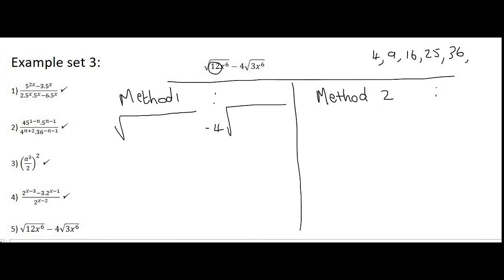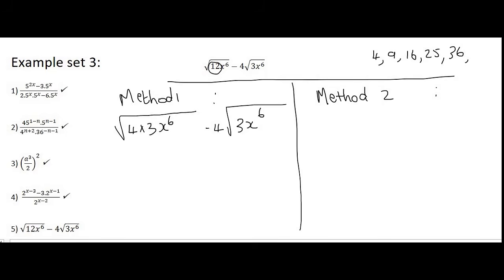It's all of those numbers. So 12 is the same as 4 times 3. Okay, so we haven't changed the sum. We've just written 12 in a different way. X to the power of 6. In the next one, the 3 is already as simplified as possible, and so we'll leave it just like that.